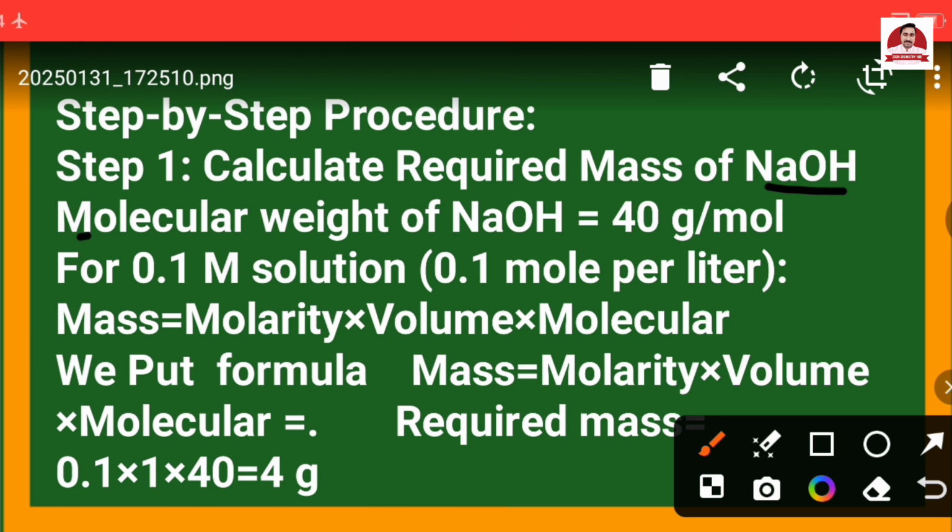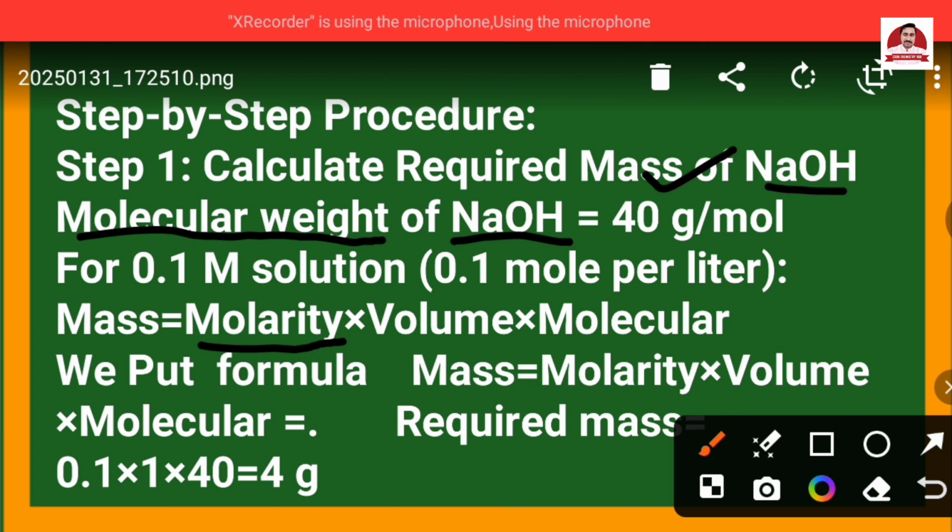As we know, the molecular weight of sodium hydroxide is 40 gram per mole, and for a 0.1 molar solution we have to calculate the mass. The formula is: mass is equal to molarity multiplied by volume multiplied by molar mass. Then we put the values into this formula.